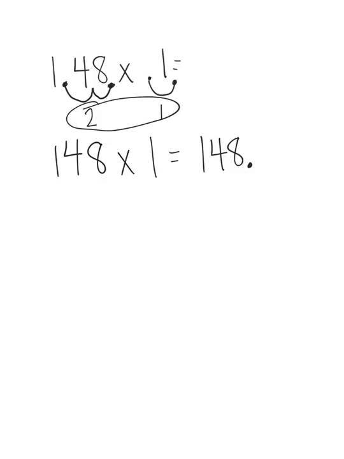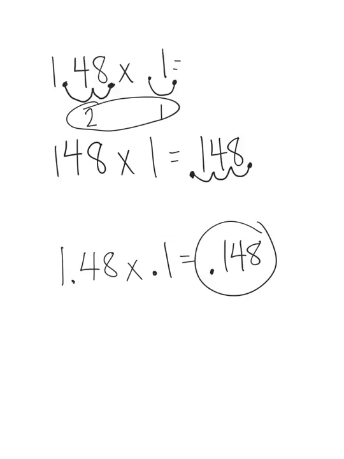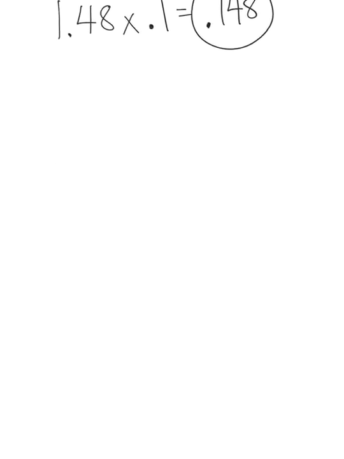If I put that decimal on the end and move it back to the left a total of 3 times, 1, 2, 3, so 1 48 hundredths times 1/10 is 148 thousandths.